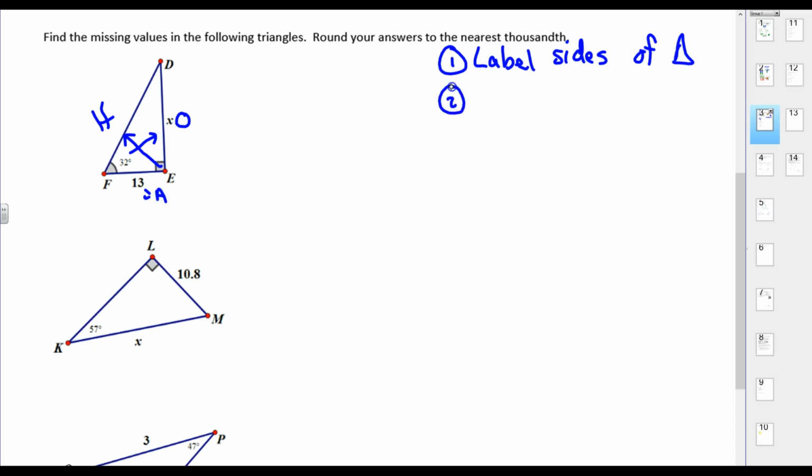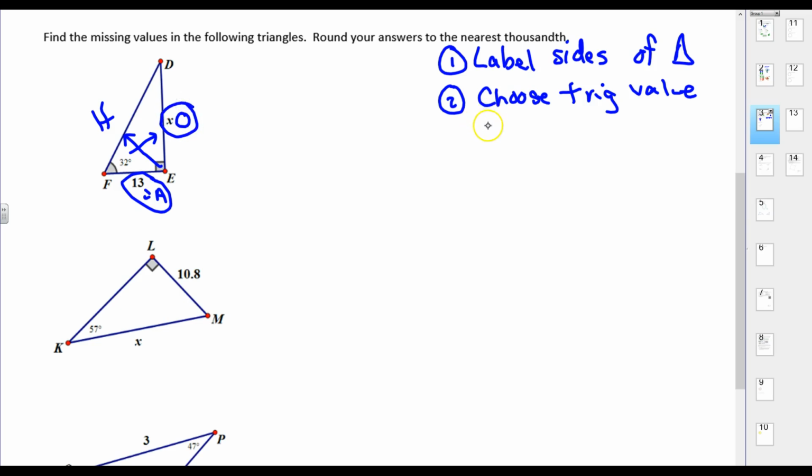Your second step then is to choose a trig value based on what you have and what you need to find. I have an adjacent side. I want to find an opposite side.